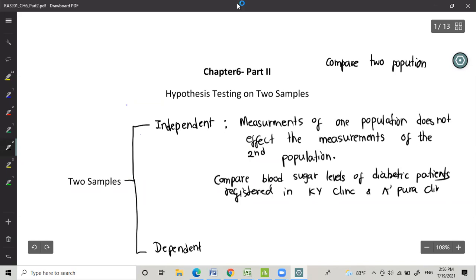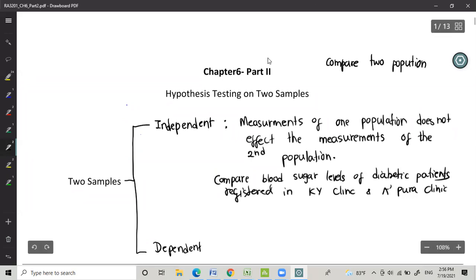So you want to test whether if you compare these, the population of diabetic patients in Kandy clinic, so you can assume they are coming from around Kandy area and Anuradhapura, that north central area, whether the behavior is different, whether the diabetic patients in Anuradhapura have higher levels than Kandy or lower levels, or whether there's actually no difference. So something like that you can compare. Now these are two independent samples.